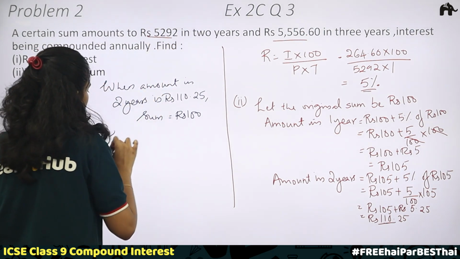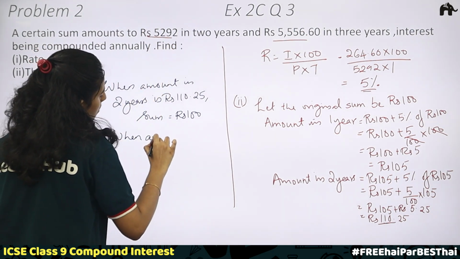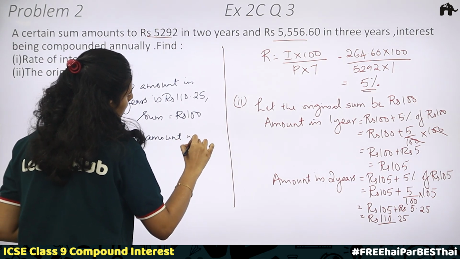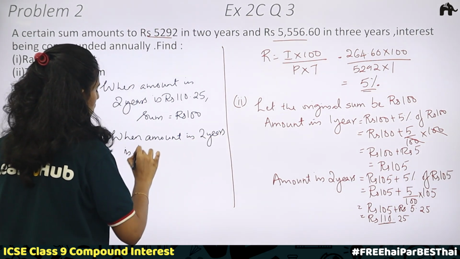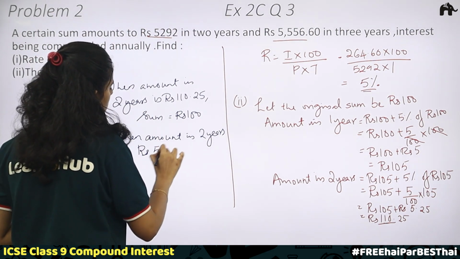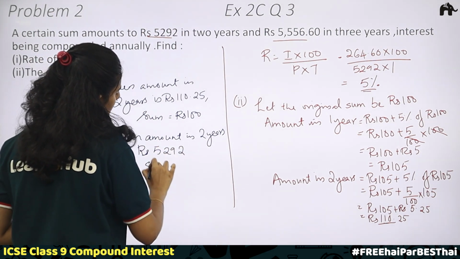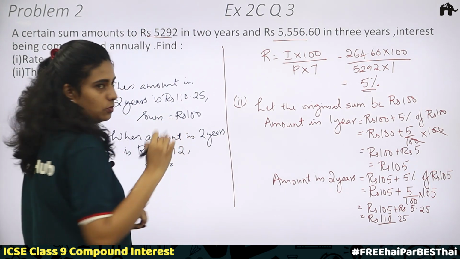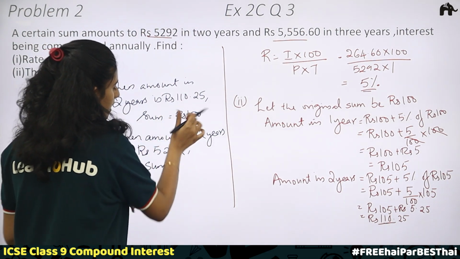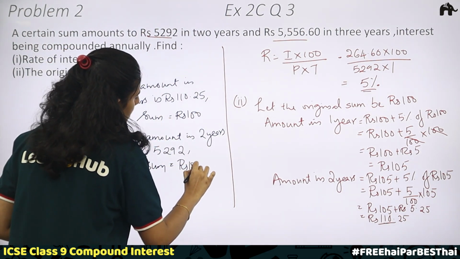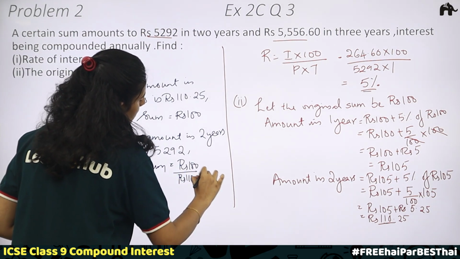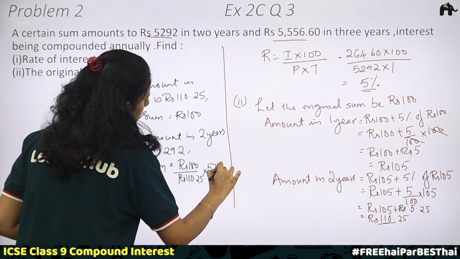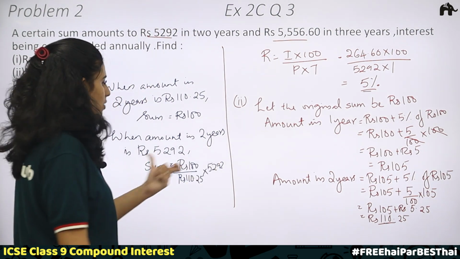Yes, so when the amount in 2 years is rupees 5,292, then the sum will be equal to, how to find the sum? Here, rupees 100 divided by rupees 110.25 into 5,292. Yes, this is how you will be finding.